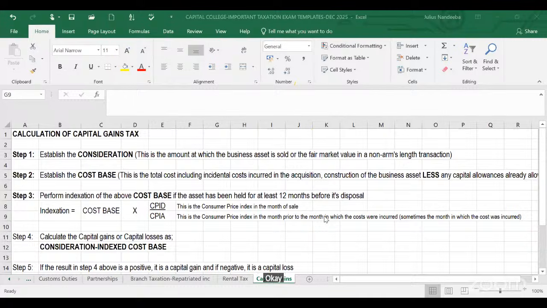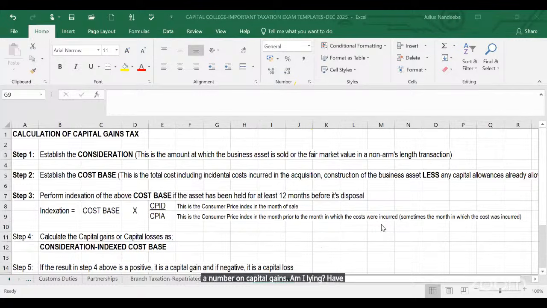Okay, so let's talk about capital gains quickly. If you realize, there are not very many question sittings where you have missed a number on capital gains. Am I lying?